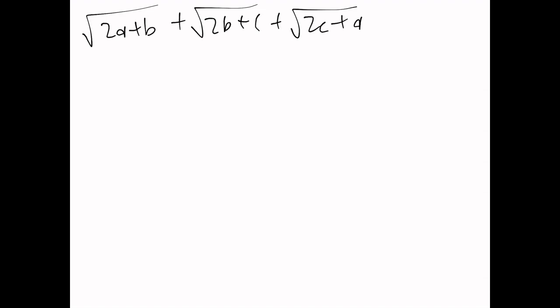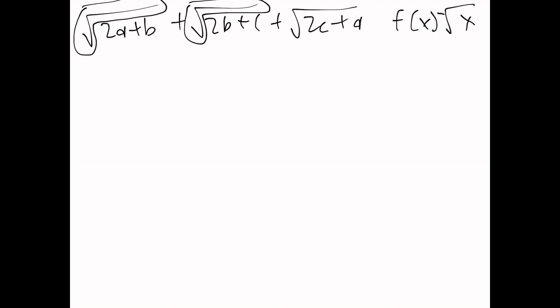So when we look at this, we see that there's really only one function that stands out, and that's the square roots on each of these terms. And so that clues us in that we might want to let f of x equal square root of x.